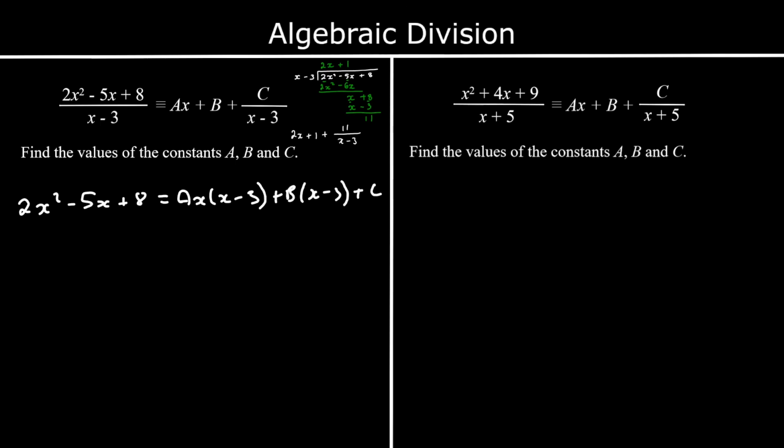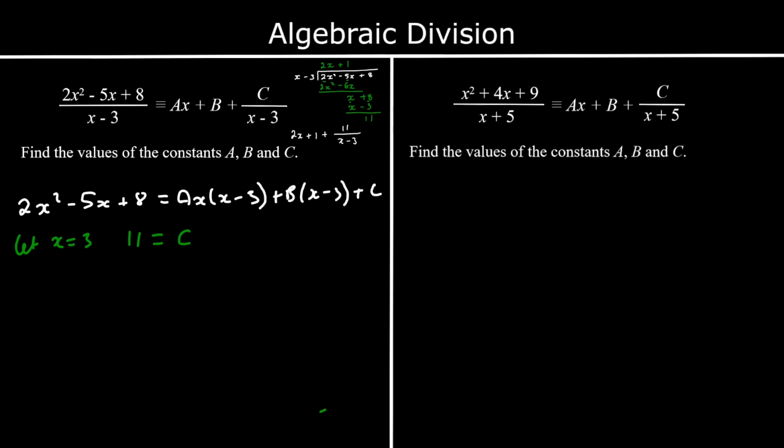And then we can let x equal 3, which will give us 18 minus 15 plus 8, which is 11, equals c. So 11 equals c. And then we could let x equal something else.